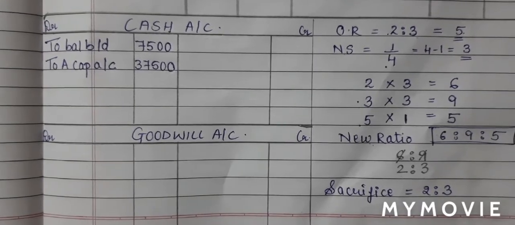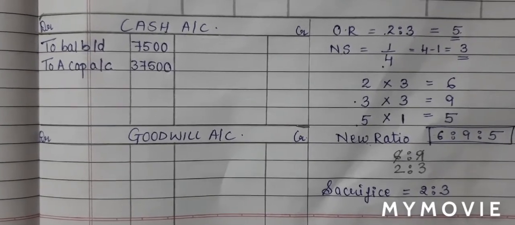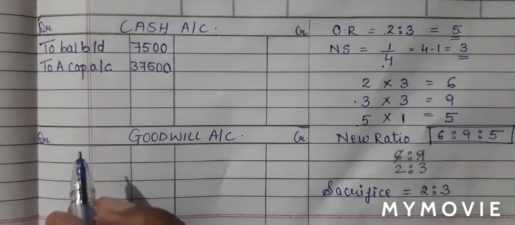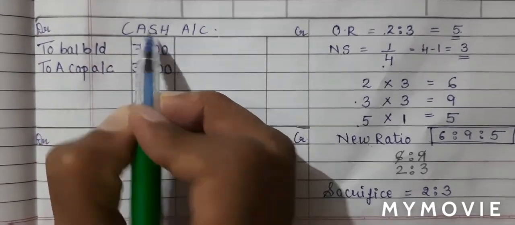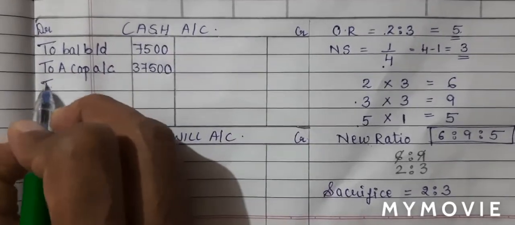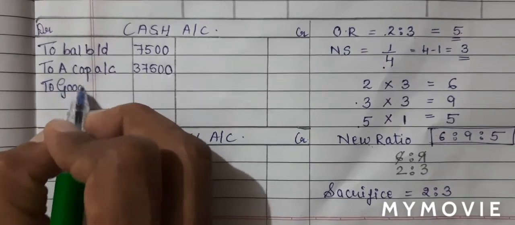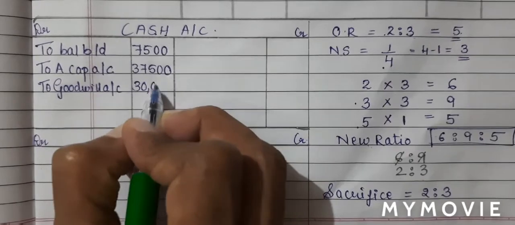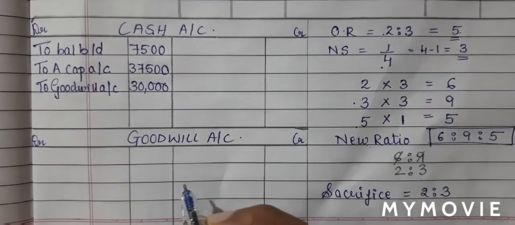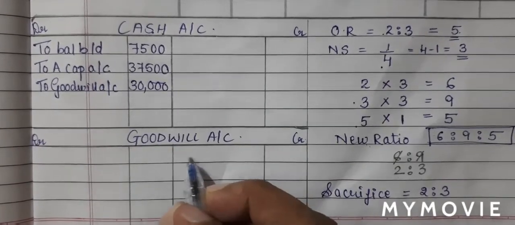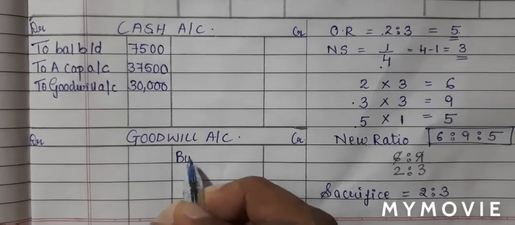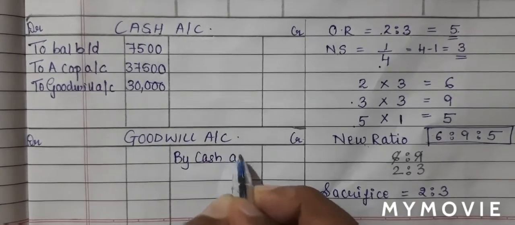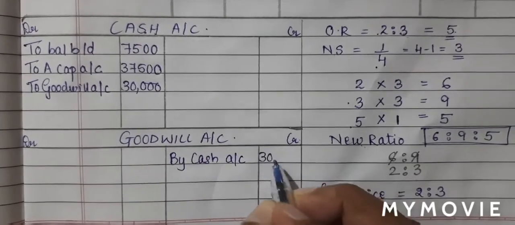My first entry is the new partner has brought goodwill in the form of cash. So my journal entry is cash account debit to goodwill account, which is 30,000 rupees. Goodwill account credit. So on the credit side, I'll write by cash account 30,000 rupees.